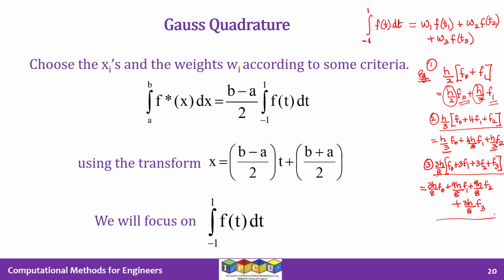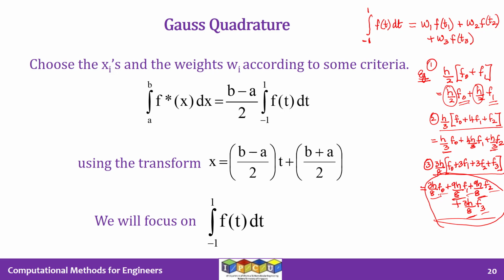Again, it is very clear that Simpson's 3/8 rule, which is based on 4 data points, x0, x1, x2 and x3, gives the integral of the function between x0 and x3 as what you see here on the right hand side. Again, it takes the f values of the concerned data points, multiplies each of them by a certain weight, and then the sum gives us the value of the integral.